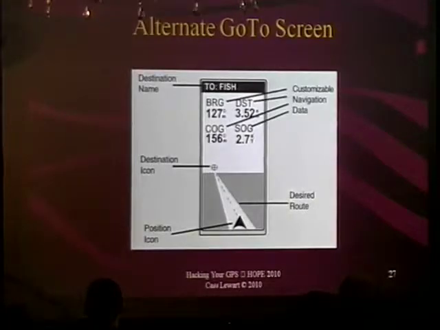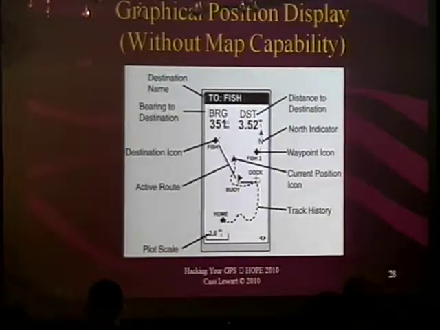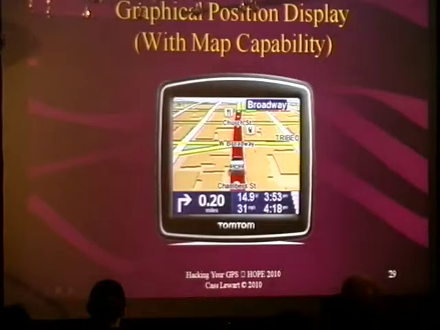This is another popular display, which is sort of like three-dimensional. So in this case, you see that you should go slightly to the left to get to your destination. This is another screen, just where you see little dots, and this is a more elaborate unit.